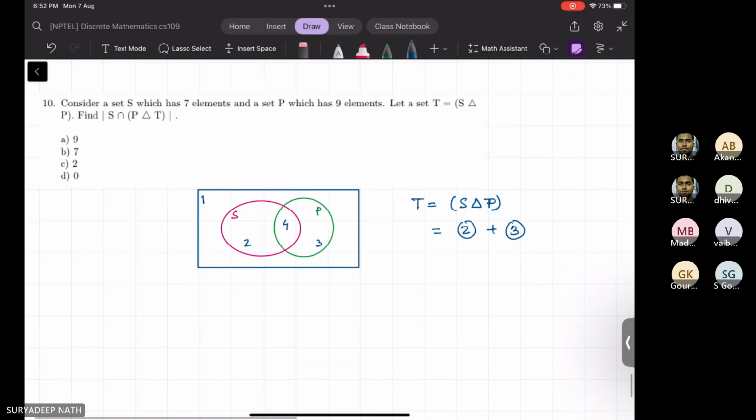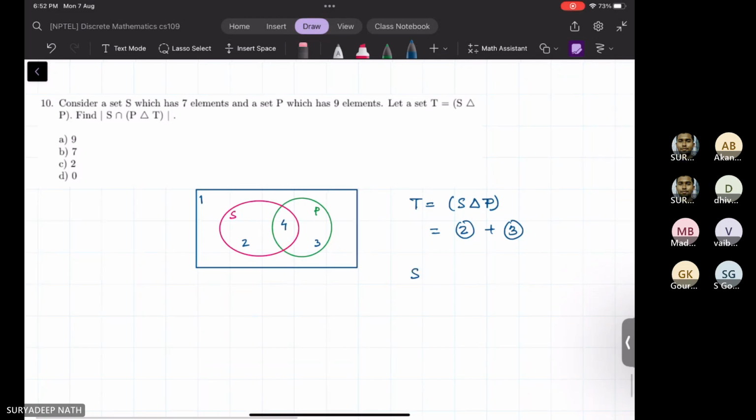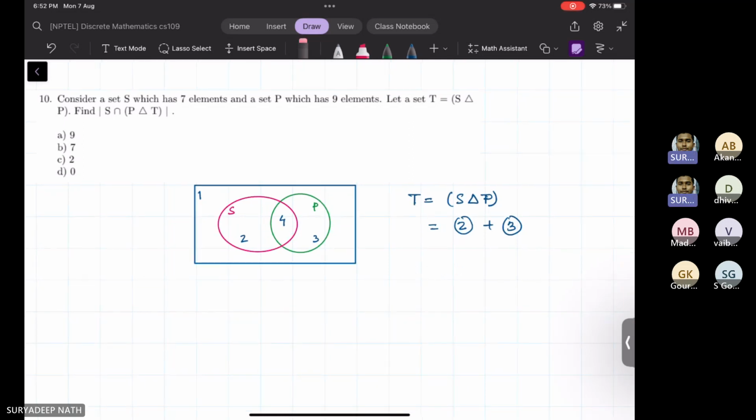Now, let us look at the next one. What is the symmetric difference of P and T? Wait, let me write it like this. So P is basically 3 plus 4 and S is basically 2 plus 4.